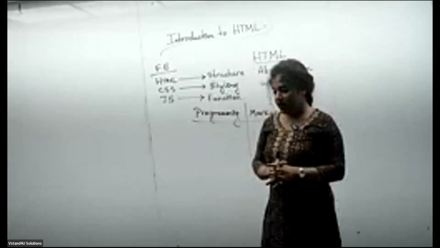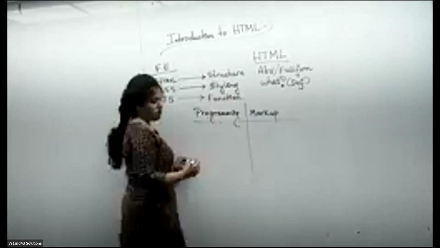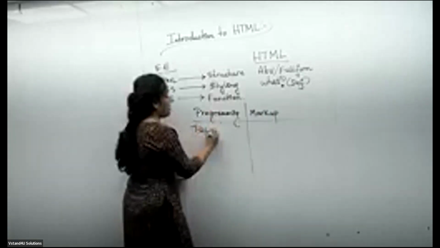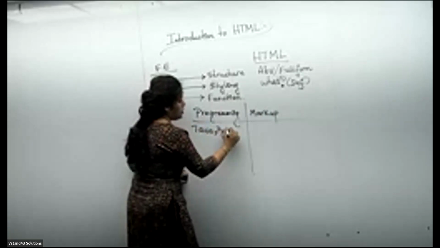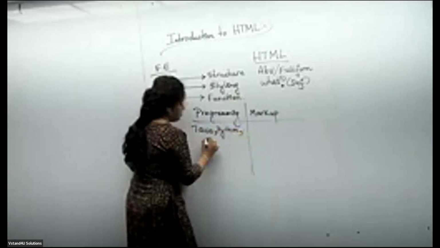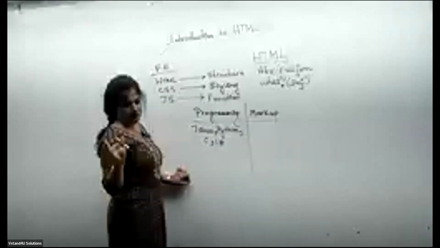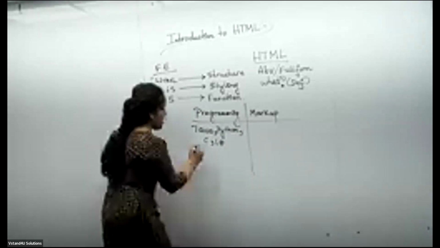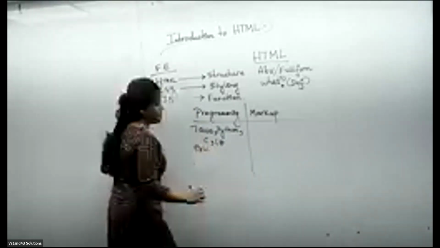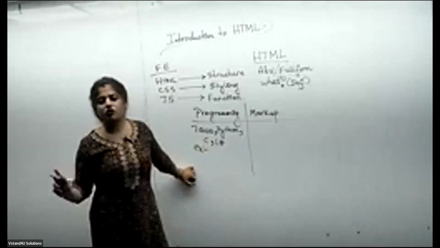Guys, wait. What are the different types of programming languages? You have Java, Python, C. These are your programming languages. So I will take an example: by using Python language, I want to add two numbers.